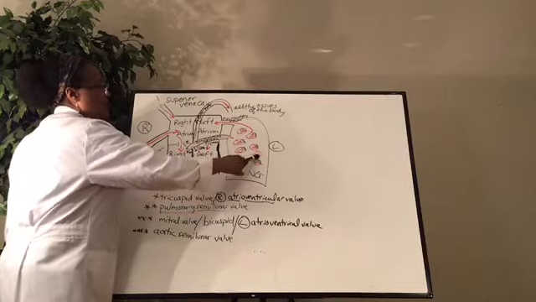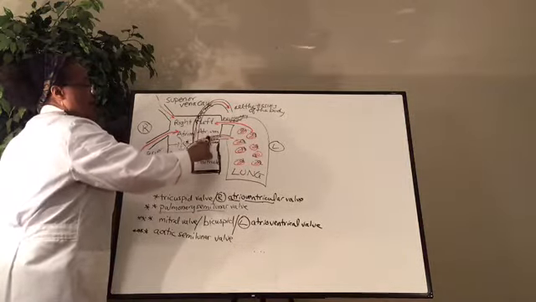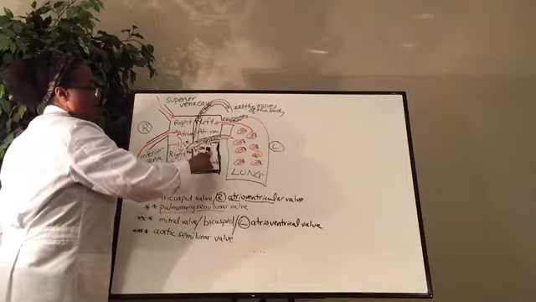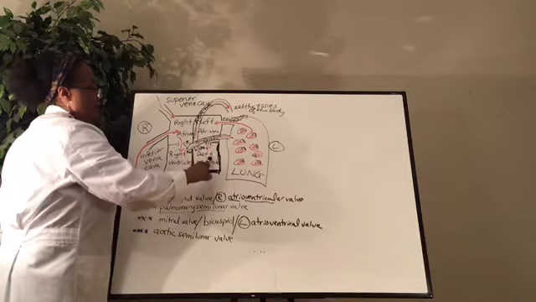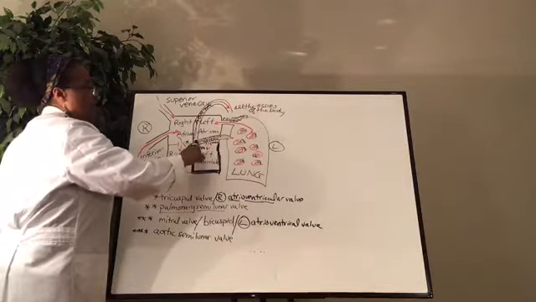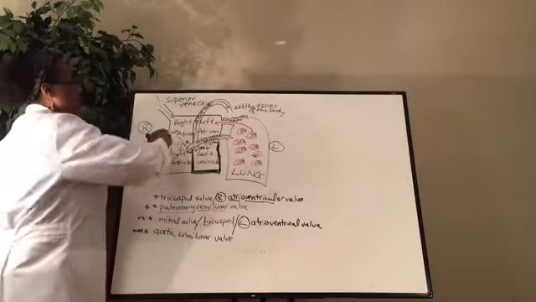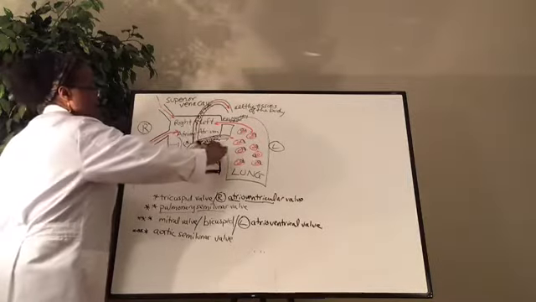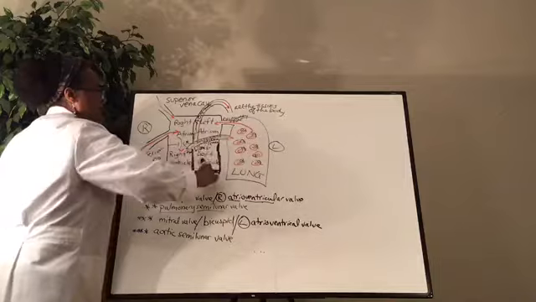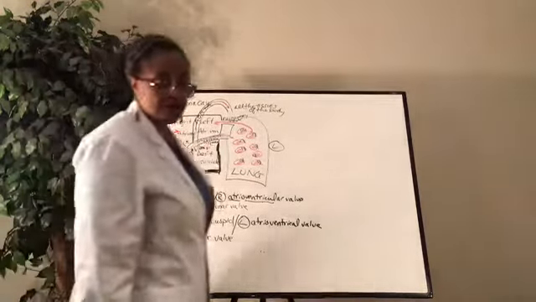Blood is going to pick up oxygen, come through the pulmonary veins into the left atrium, go down through the mitral valve into the left ventricle, and from the left ventricle, blood is going to shoot up through the aortic semilunar valve into the aorta to all the tissues of the body. So it goes like this, and that is how blood flows through the heart.